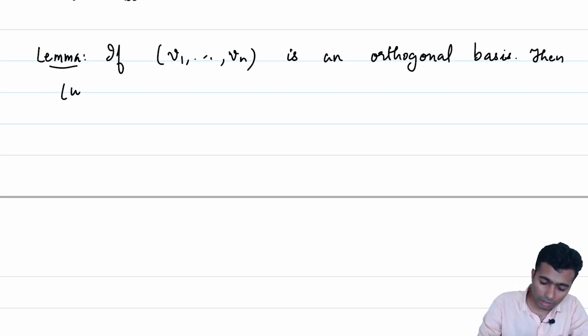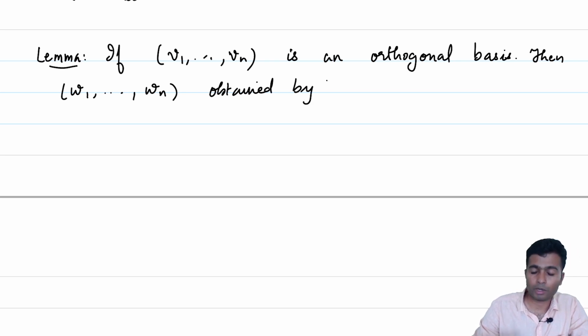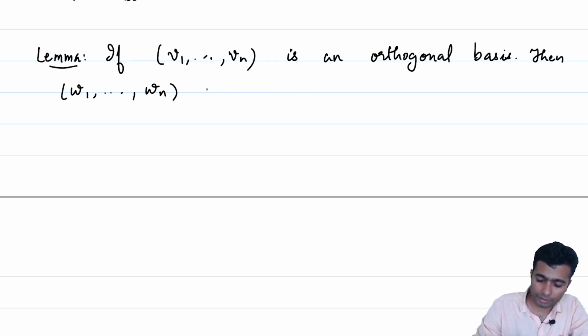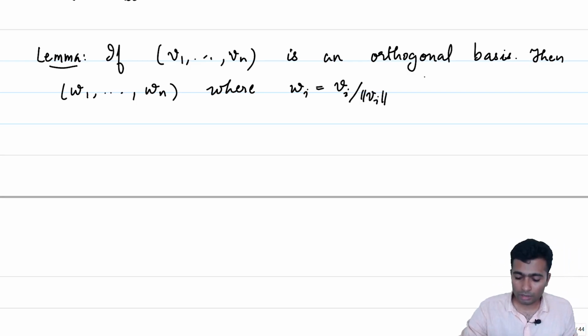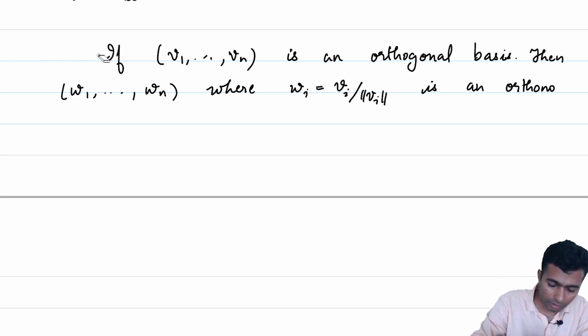Then w1 to wn, where wi is equal to vi by the length of vi, obtained by normalizing vi, is an orthonormal basis. I should maybe have put a context before this.